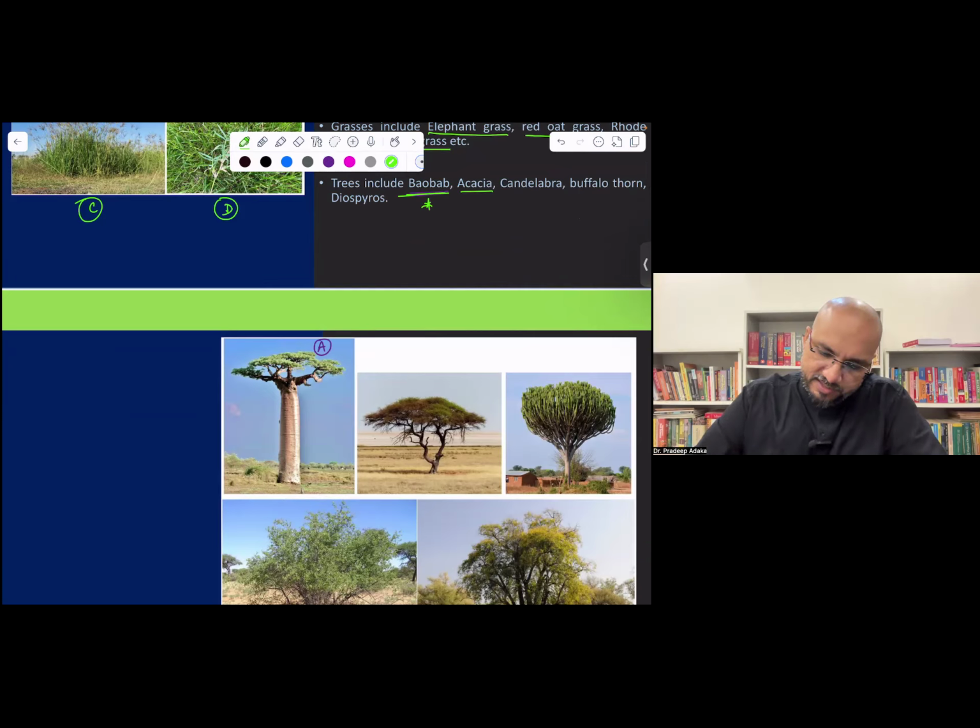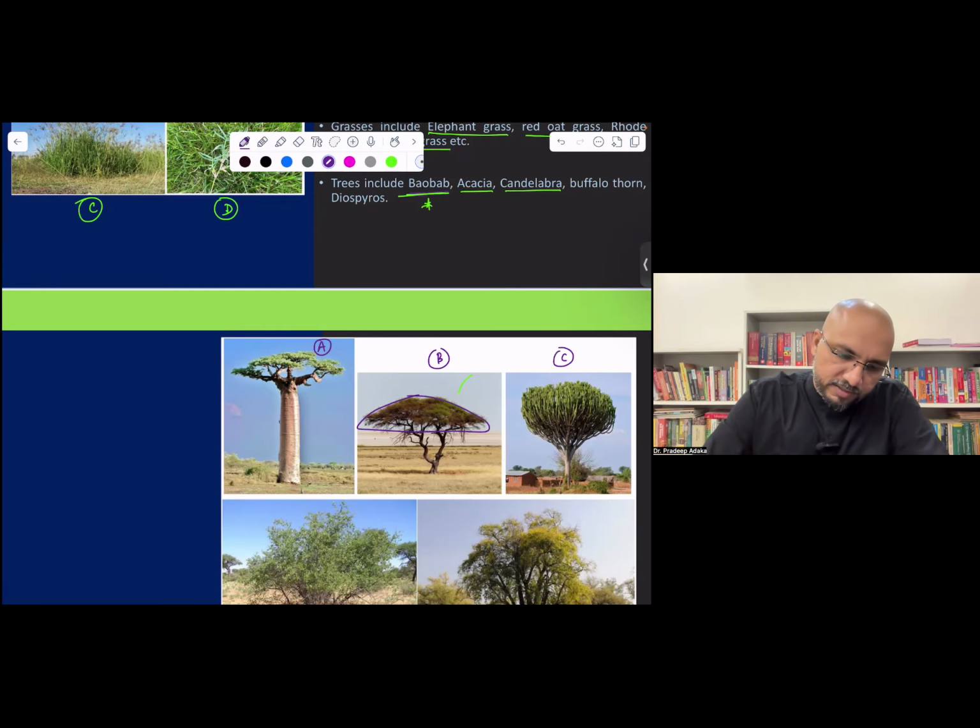Then you have acacia. So they look like umbrella shape, right? I told you they have an umbrella shape. You can see the shape, right? This is acacia. Okay, then you have candelabra. So this is C, candelabra.